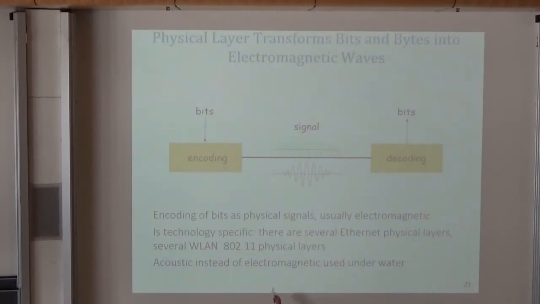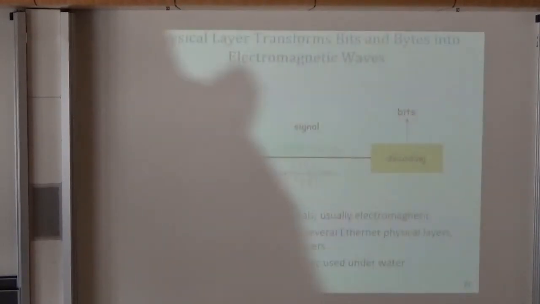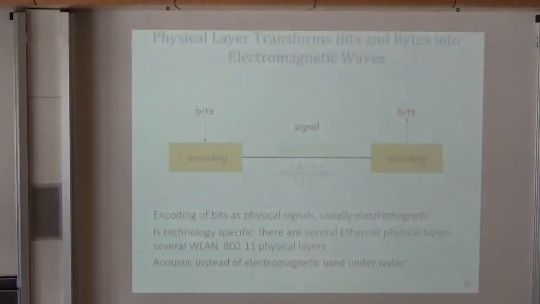Sometimes, unfortunately for the whales and the under-ocean life, we can also use acoustic waves, so you can transport bits using sound instead of light. This is typically done underwater because electromagnetic waves don't go through water very well, so they stay only at the surface. And this is what is used for communication between submarines, for example.